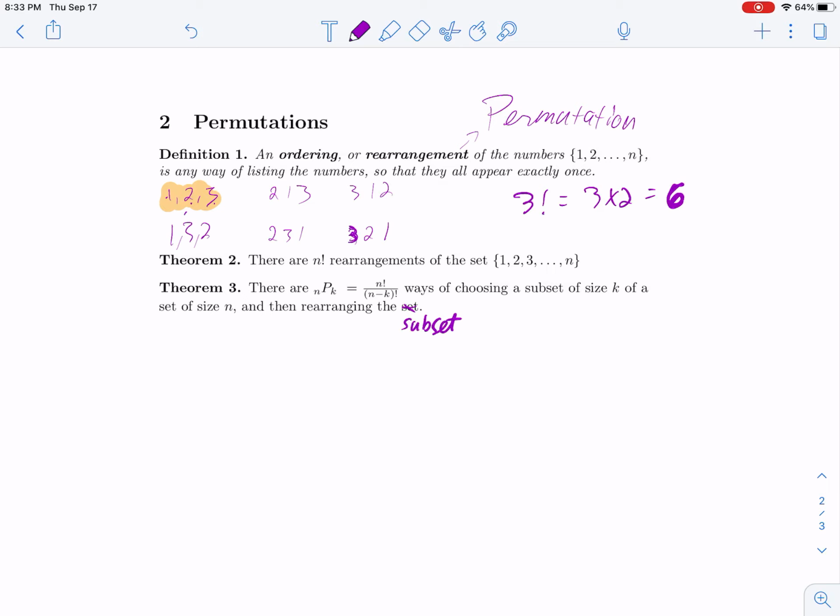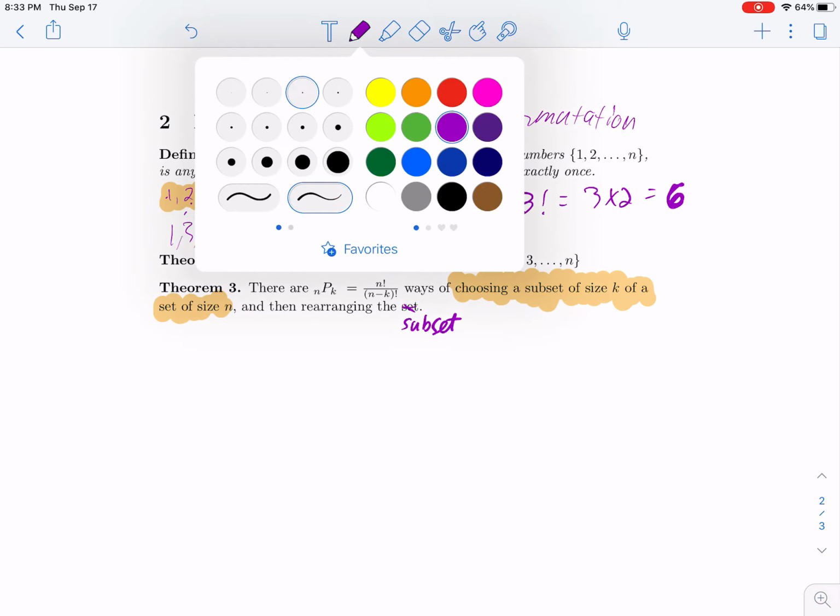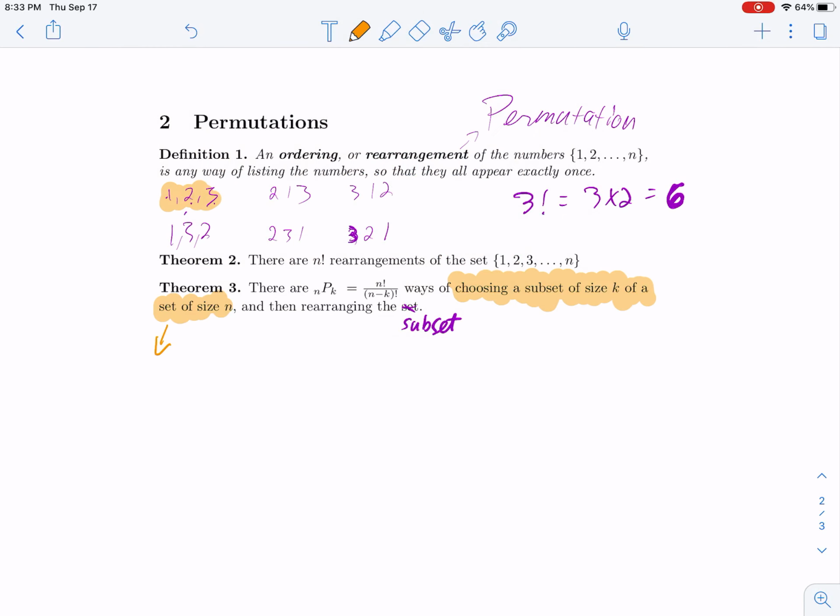So now, let's talk about why this has to be true. Because there's something in here that we looked at last time. Ways of choosing a subset of size k from a set of size n. We know how to do that, don't we? The number of ways to do that, if I want to do that orange fact right there, it's n factorial over k factorial times n minus k factorial.